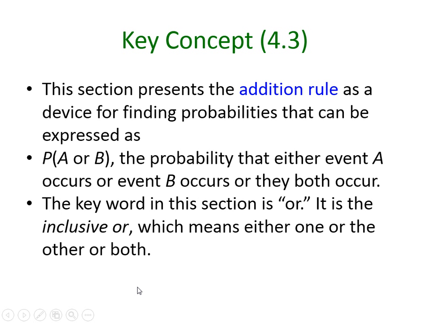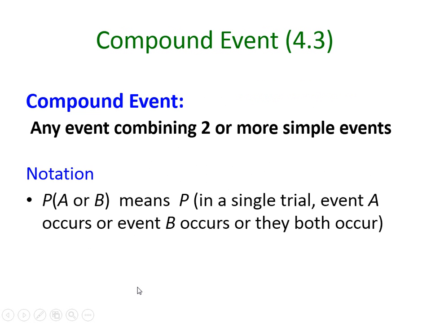So you're really focusing on looking for the word "or" in these problems to recognize that we're going to use the addition rule. So, a compound event is any event that combines two or more simple events. Remember last time we talked about those simple events being those events that we could not break down any further. Well, this is combining two or more of those.